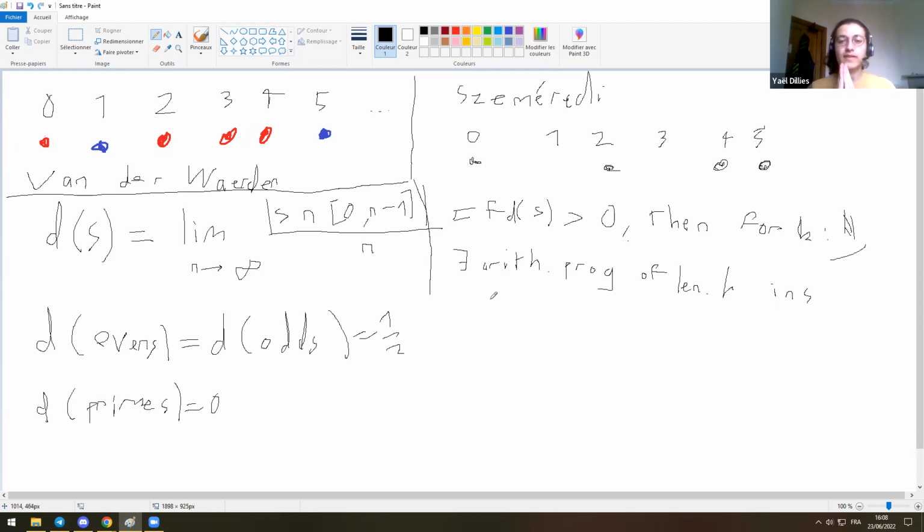So this begs the question of how big can a set be if it doesn't contain arithmetic progressions?